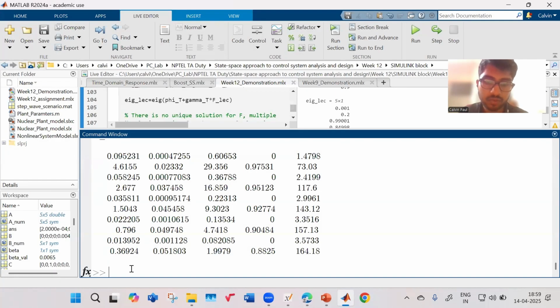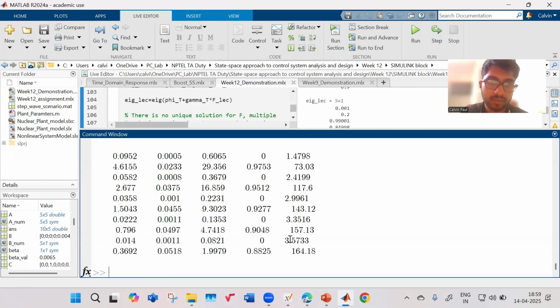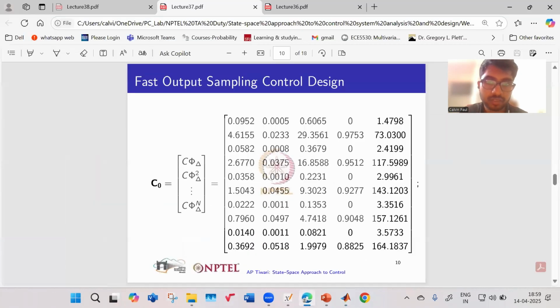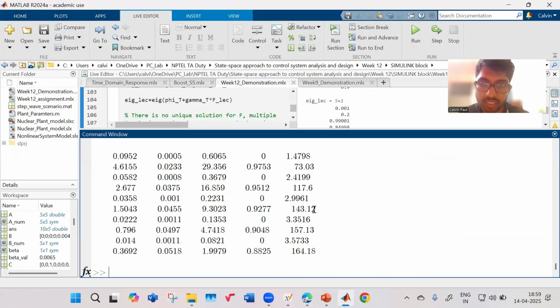Okay. What do I do? Round off C naught, comma, 3 or 4. Okay. It is 0.60650, 1.4798, 73.03, 2.4199, 117.6. Okay, there's still some numeric mismatch, 2.9961. Okay, let us do C naught, round of C naught, 4.